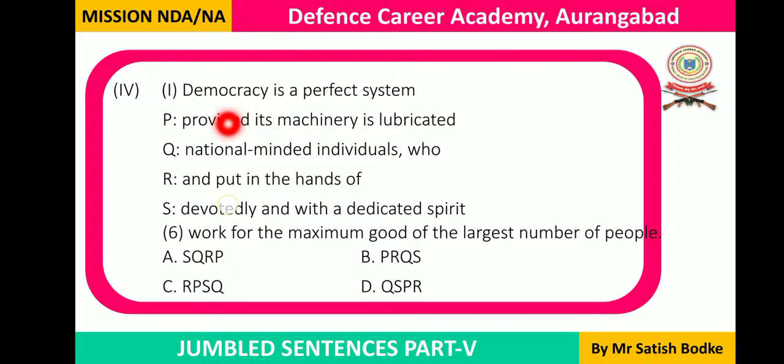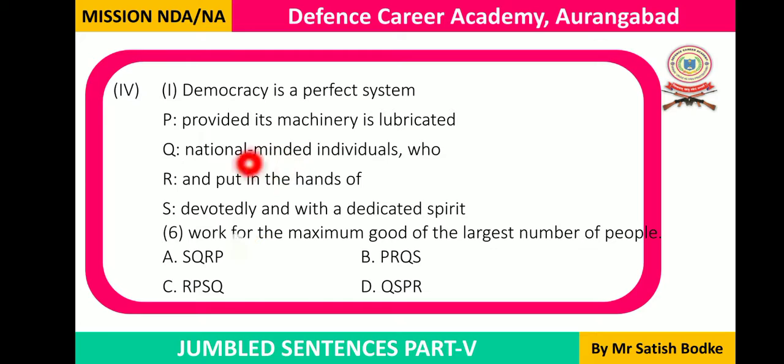Democracy is a perfect system provided means a condition is given; if this condition is fulfilled, then democracy is a perfect system, as provided is used in court language. Provided means if this condition is fulfilled, provided its machinery is lubricated and put in the hands of national minded individuals.